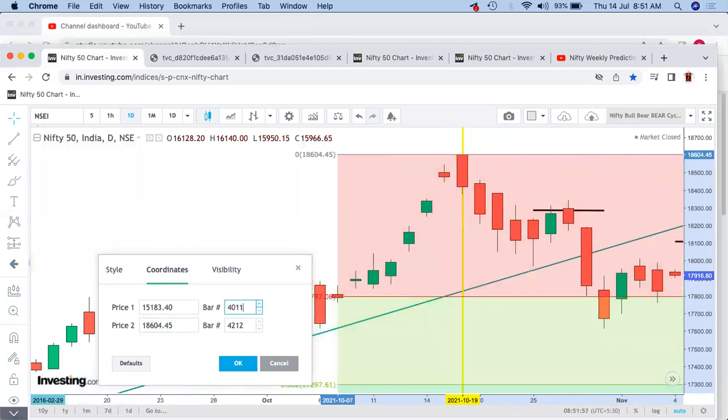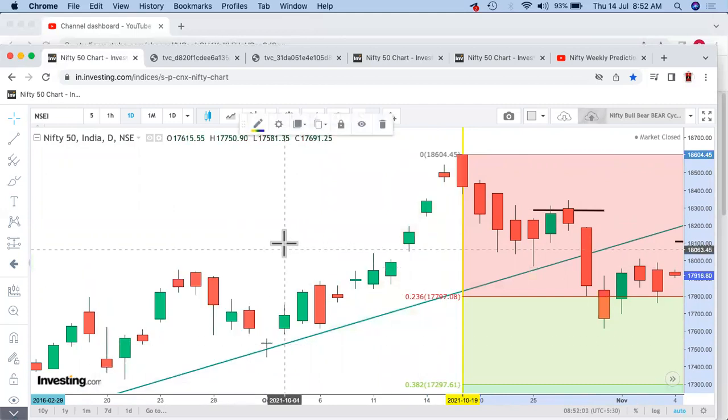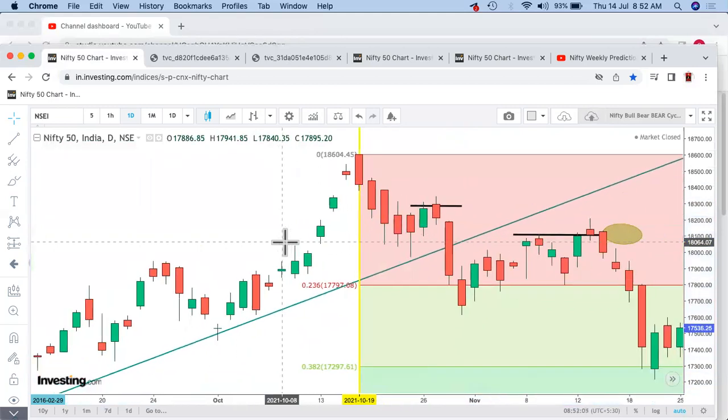Let me just shift it a bit. Cool. So we got both the figures very precise to the point.